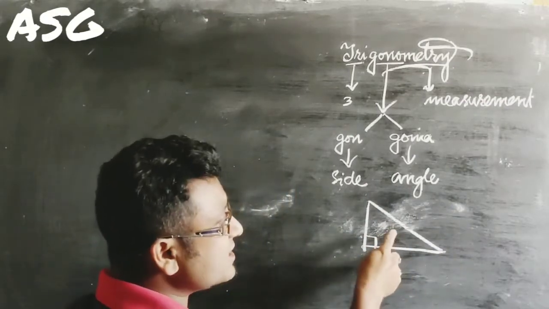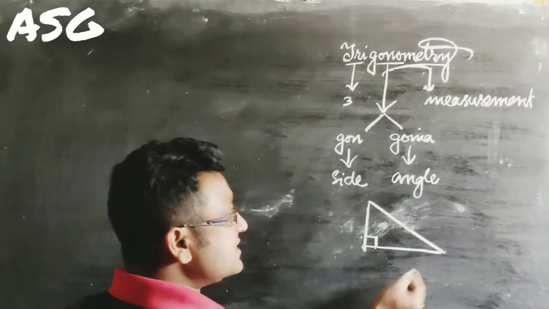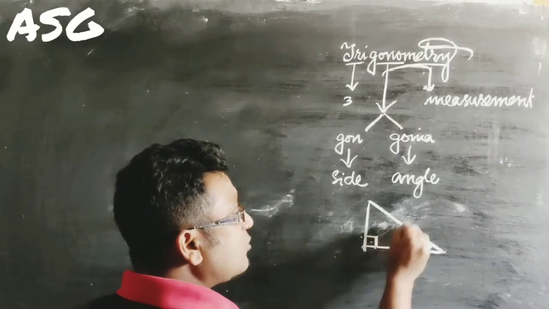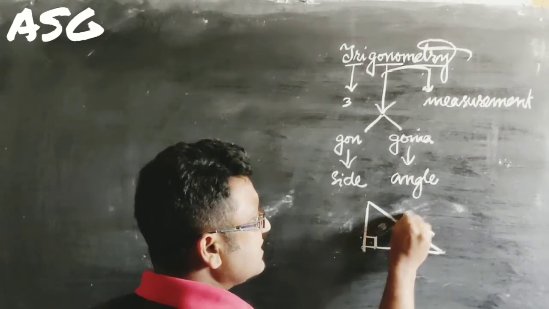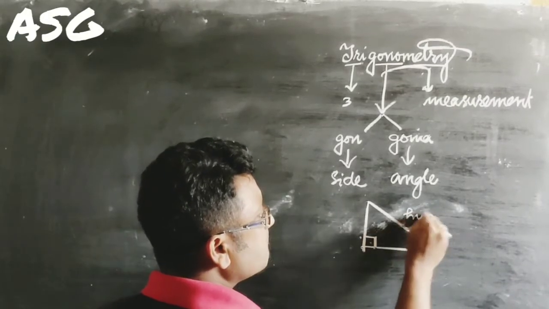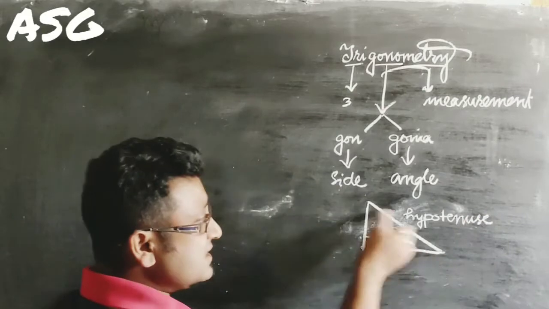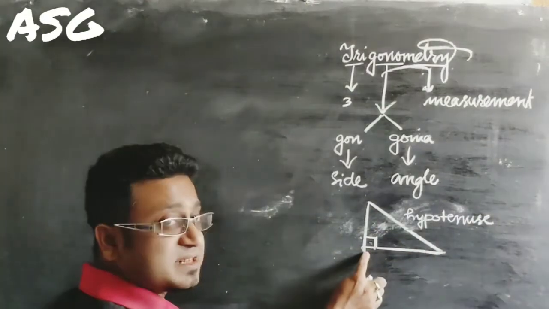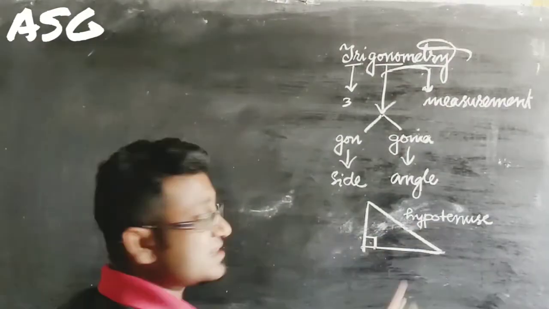Why is it called a right angle triangle? Because this angle is 90. The side opposite to this 90 degree angle, I think most of you know from your previous class, is called the hypotenuse. Clear? This is a right angle triangle. This angle is 90 degrees, and the side opposite to 90 is the hypotenuse.